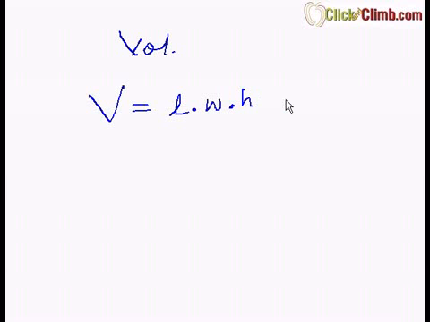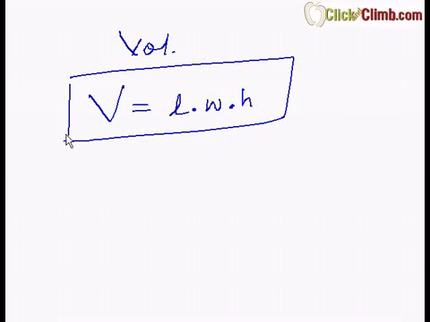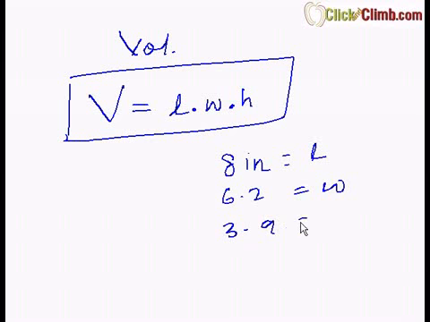So when we multiply all these three things, we'll get the volume of the rectangular prism. So let's take an example. Suppose we have the dimensions 8 inches as the length, of course. Now width is 6.2 inches, alright, and height is 3.9 inches.